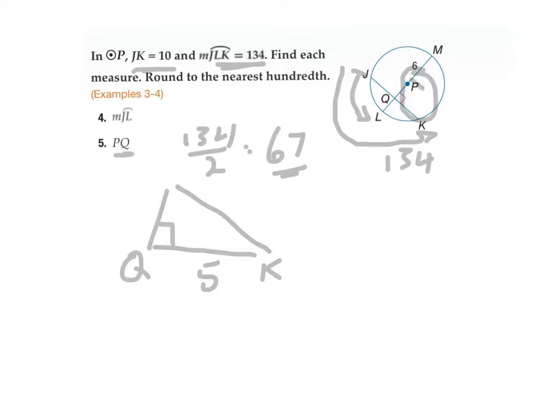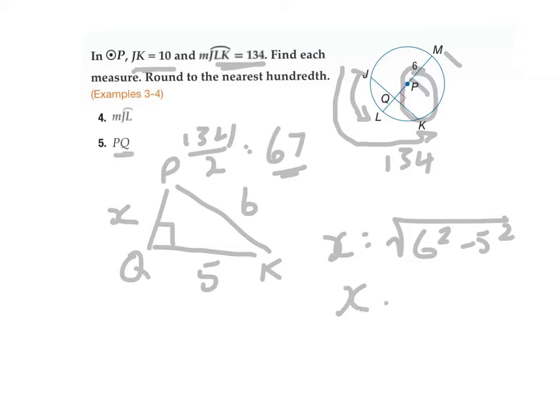Well, from P to M, which is the radius, is 6. And P to K, so here's P, P to K is also 6. And we want this distance here, I'm going to call it X. Okay, so this is Pythagoras, so X is going to equal the square root of 6 squared minus 5 squared. So X, again to the nearest hundredth, will be 3.32.